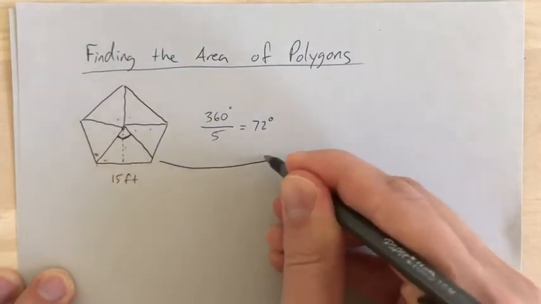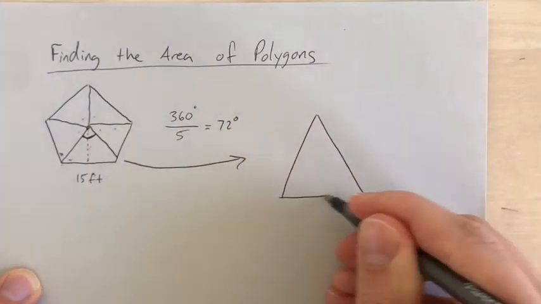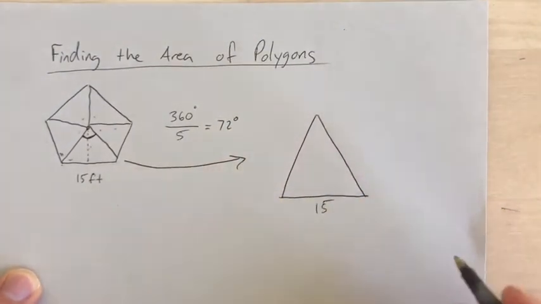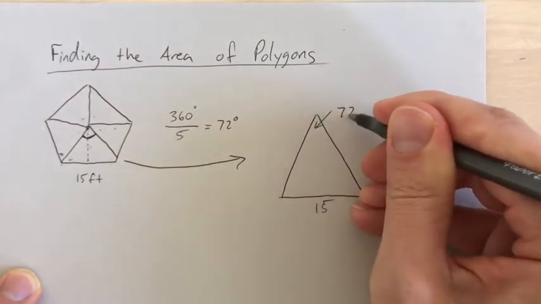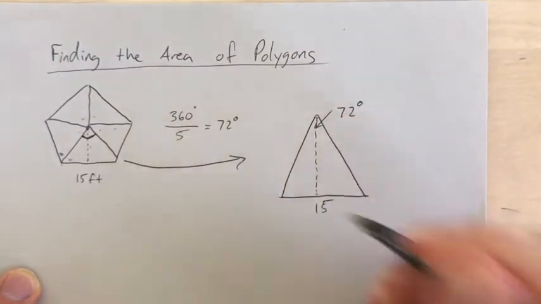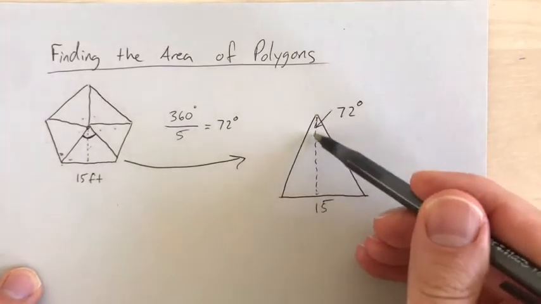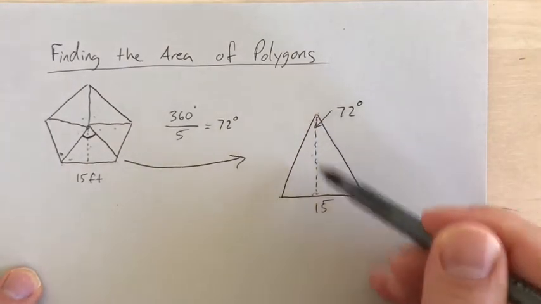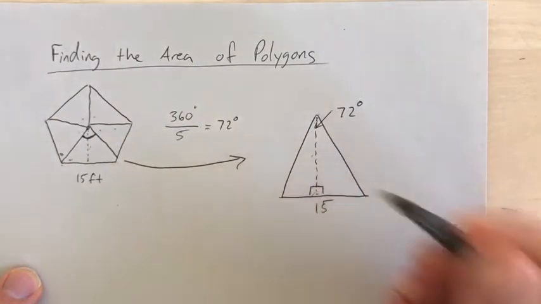So if I were to zoom in on this triangle, I know that the base length is 15. I know that the central angle here is going to be 72 degrees. And I'm really interested in finding out the height of this triangle. Well, again, I'm not sure how this perfectly helps me, but I do know that the height of this triangle really kind of just splits this triangle in 2, and it splits it into 2 right triangles, okay?